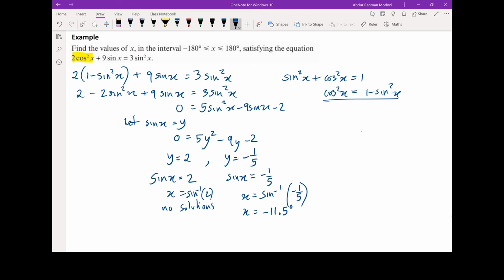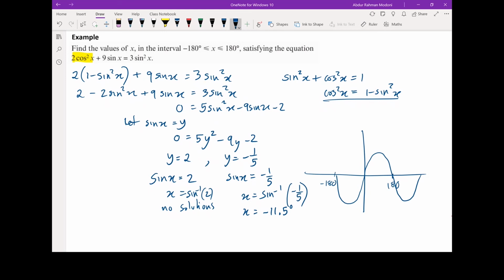So here we then draw our sine curve. We'll draw one cycle here for sine. Since we found minus 11.5, I will then add 360 to this to find out the solutions that I've got, or I can actually quite easily draw half of the cycle going backwards, and I'm only going up to there.